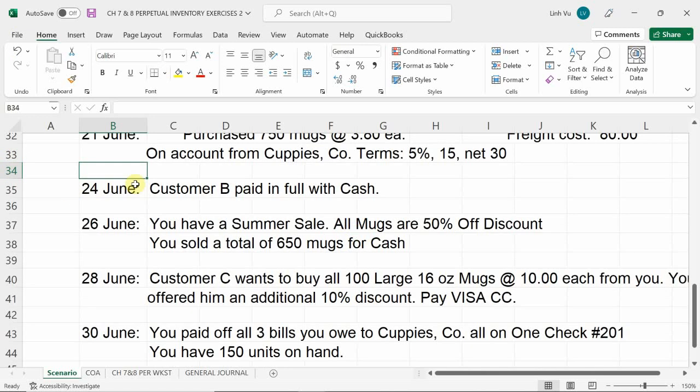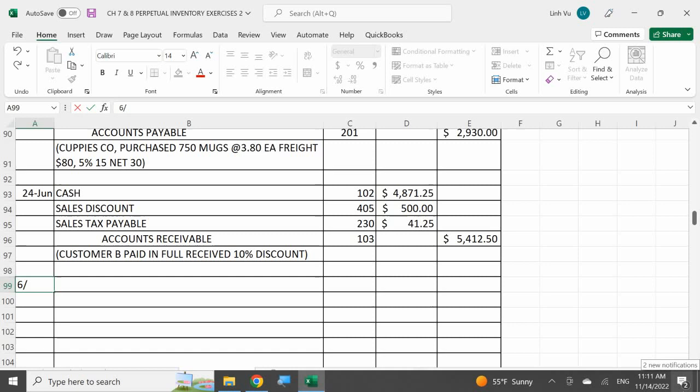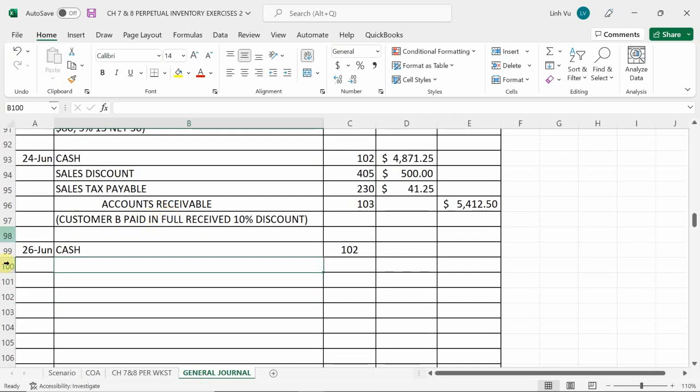So therefore, how should I do this? Since we're having an in-store sale on the 26th of June, and I sold everything for cash, I should be receiving cash. Second thing too is we're going to have to record the discount because it's an in-store discount. So that means I'm going to be discounting at time of sale.